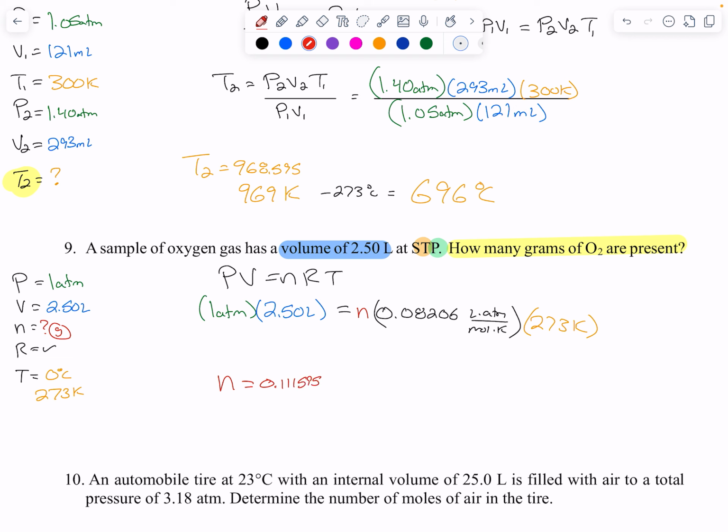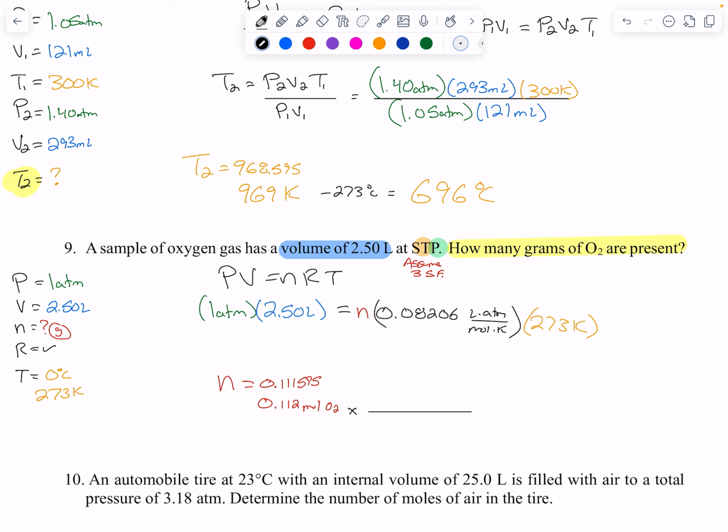And sig figs. Well, how many sig figs is STP? That's a great question, isn't it? And in this textbook, I don't know. We'd have to look. So right now, I'm just going to assume 3 sig figs. Okay? So 0.112 moles O2.